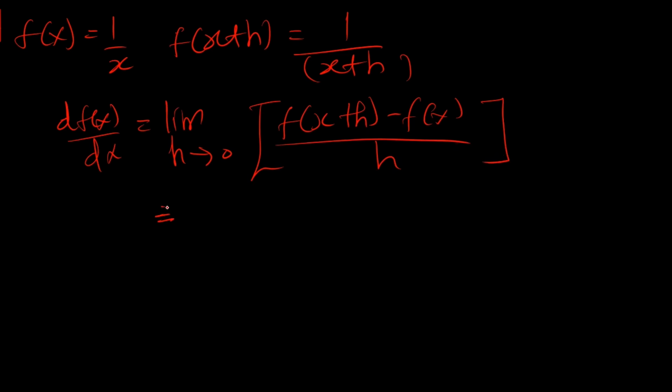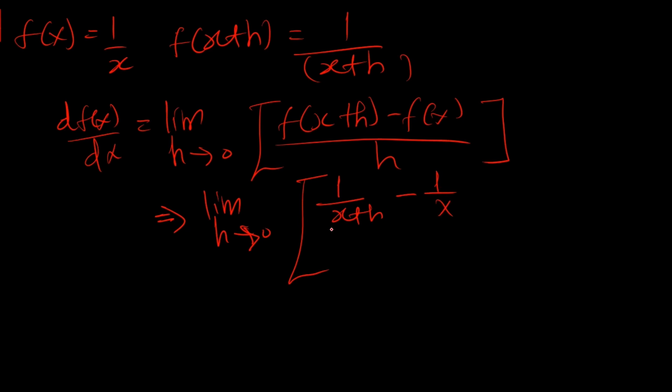Our substitution begins. Limit as h approaches 0. We have f of x plus h, which is 1 over x plus h, minus f of x, which is 1 over x, all over h. So we can say that this will give us the limit as h approaches 0.